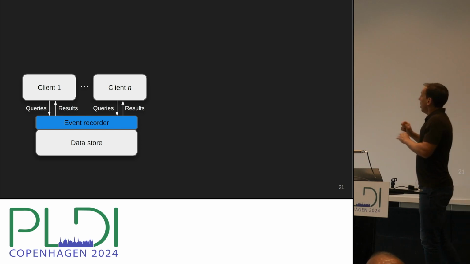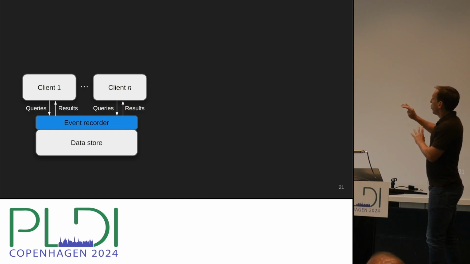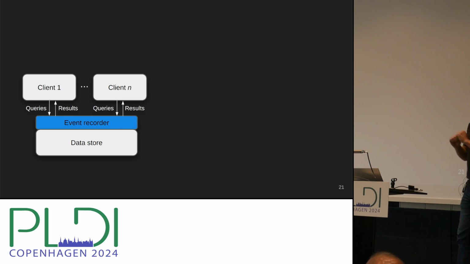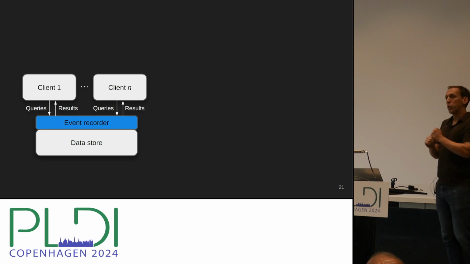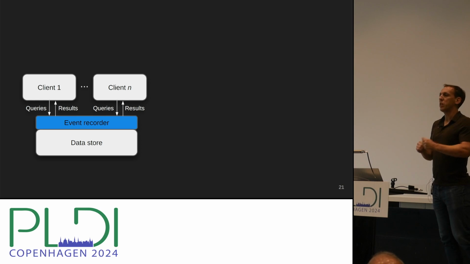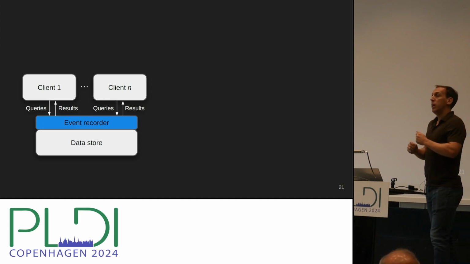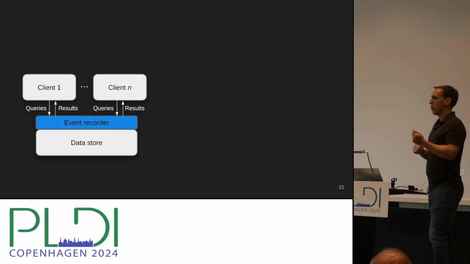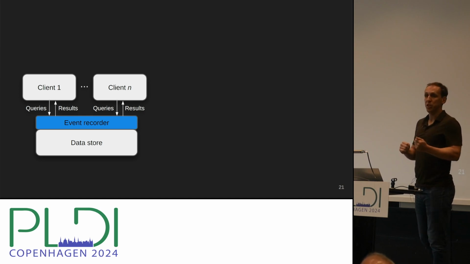In theory, you could put it between the data store and the clients and not modify either one, but we actually modified a specific data store. The reason was we wanted to know for every read what its writer operation was, because our analysis relies on that. In theory, you could design the analysis to be flexible with respect to the actual writer, but we didn't deal with that challenge in this work.